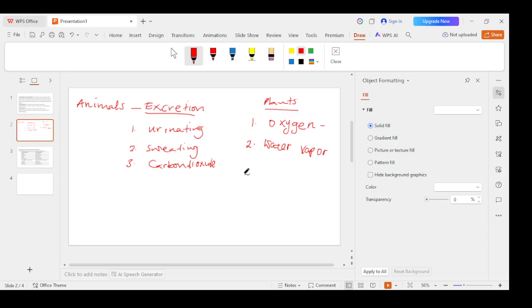Then we have sensitivity, detecting and responding to stimuli, for example pulling your hand away from heat so that you are not burnt. Then we have excretion, the removal of metabolic waste products. We have urination, we have breathing out what? Carbon dioxide. All these are examples of characteristics of living organisms.